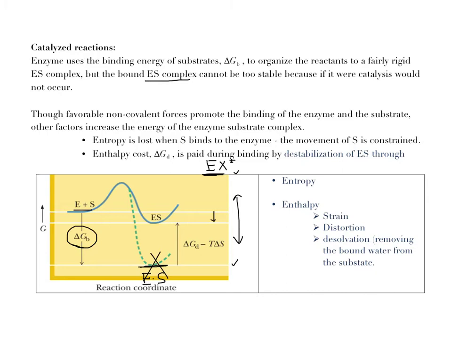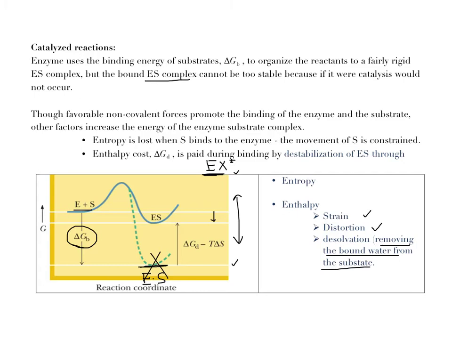We're going to make them big enough so that the enzyme and substrate come together, but we're going to make them such that they're somewhat strained and distorted, and the substrate's not too comfortable, not as comfortable as it was in solution. In solution, it's going to be solvated by water, but removing that water is going to destabilize the substrate to some degree.